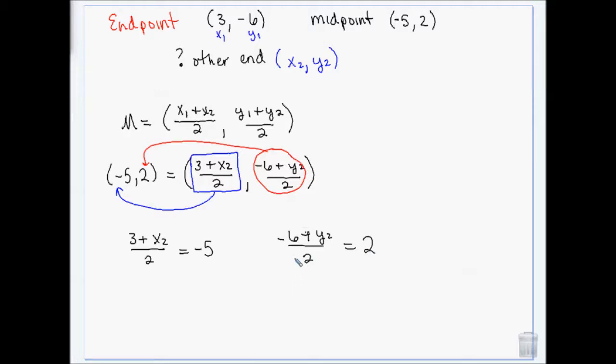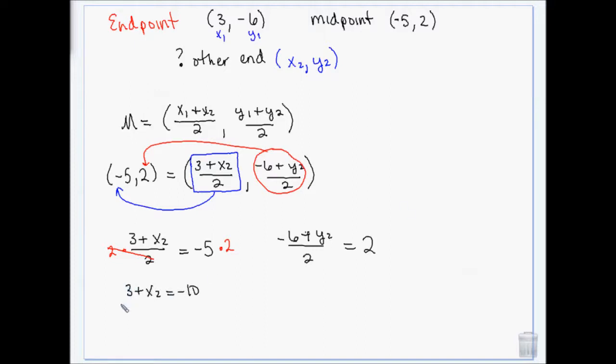Okay, so that'll always be the same. The x equals the x, the y equals the y. And then you always multiply by 2 to cancel these out. So you get 3 plus x2 equals negative 10.